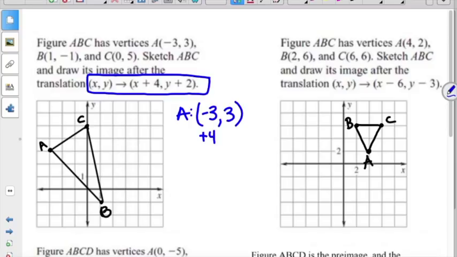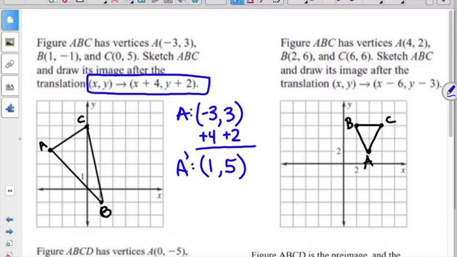You can always do these algebraically by simply adding the rule to your ordered pairs. You can also do them just on the coordinate plane. So moving left or right for x, and moving up or down for y. Remember, left is negative for your x, right is positive.